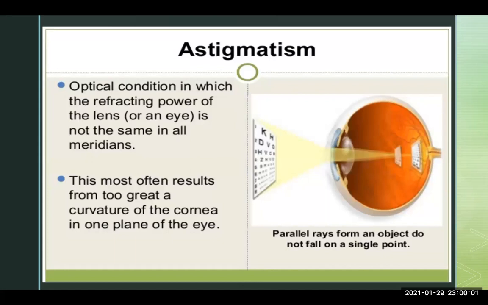Astigmatism is an optical condition in which the refracting power of the lens or an eye is not the same in all meridians. If the corneal plane is not regular, is not equal in the vertical and the horizontal meridia, the refraction is different in the different meridia, and so the focus will not be a sharp point, it will be multiple points together.